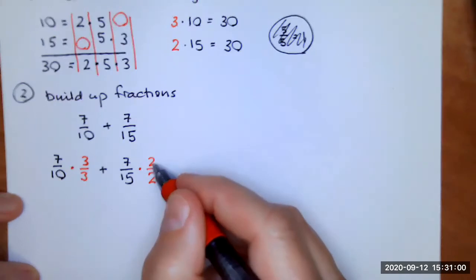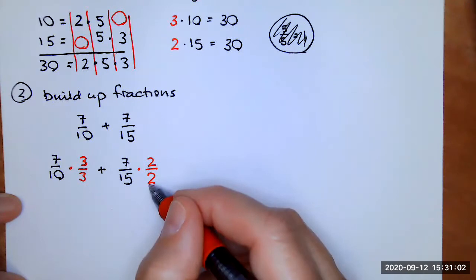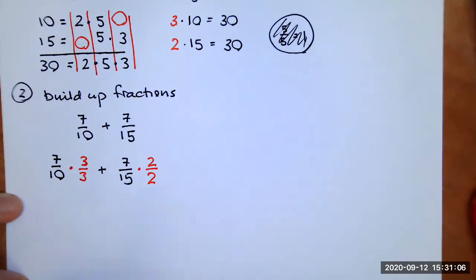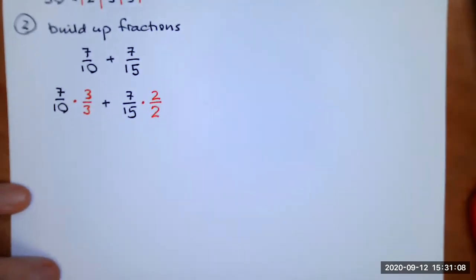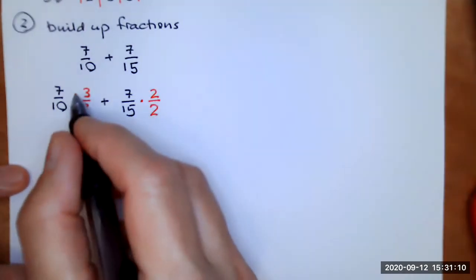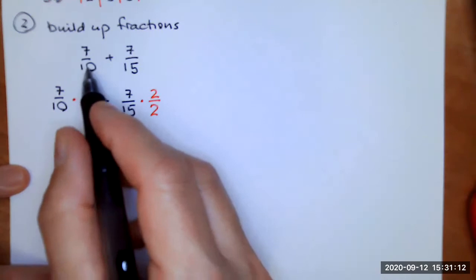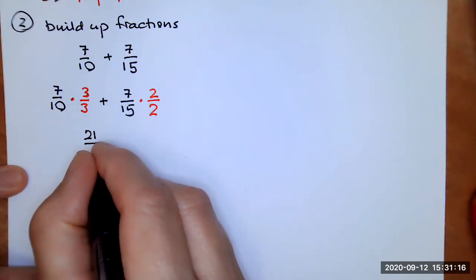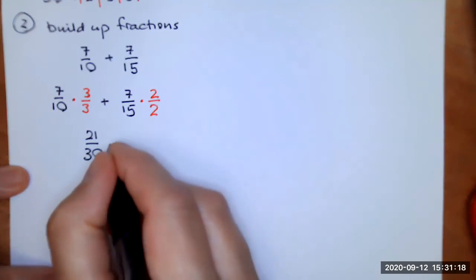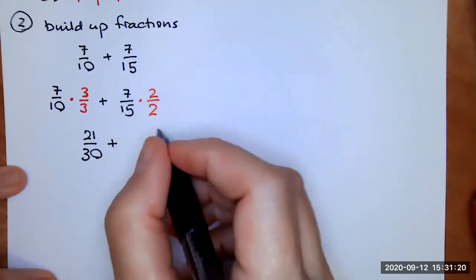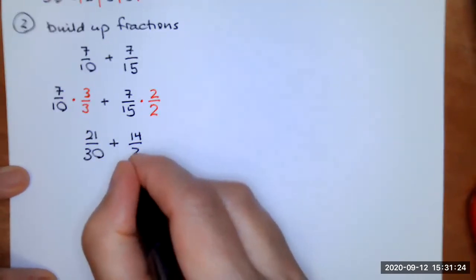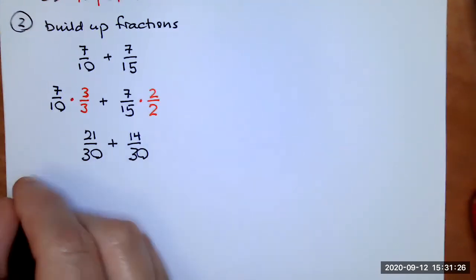But remember, it has to be 2 over 2 because that's equal to 1. So when you build up fractions, you're making equivalent fractions. So 7 times 3 is 21 over 30. 7 times 2 is 14 over 30.